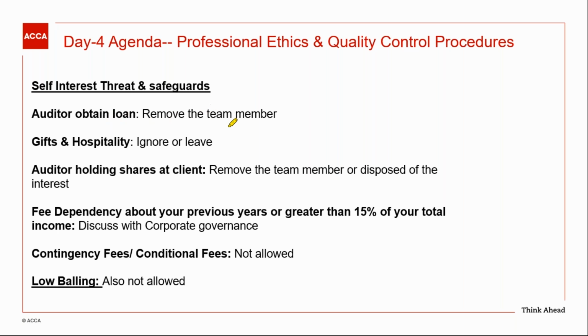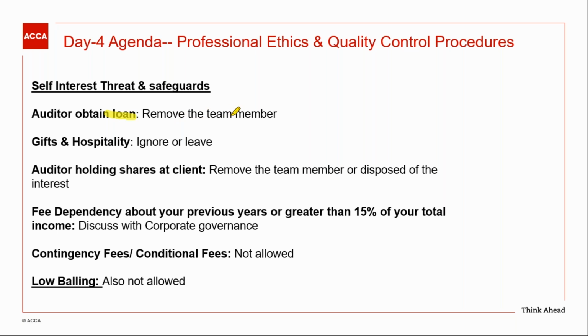So what should the audit firm do? The audit firm should remove that team member. If an audit team member has already taken a loan from the client, and is going to do the audit, he should not become part of your team.